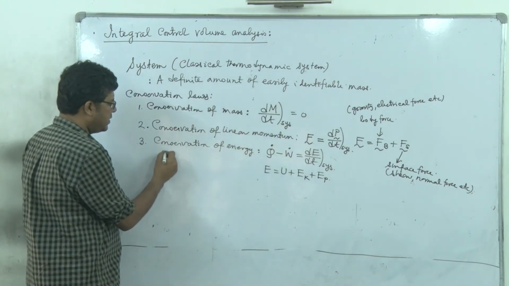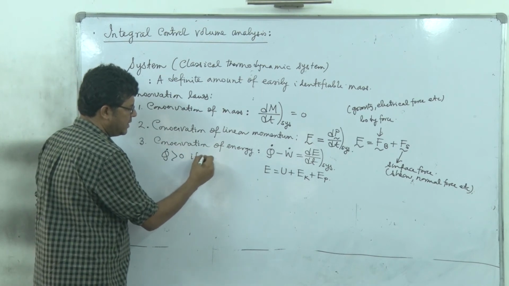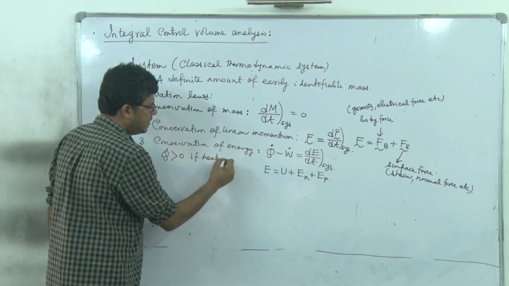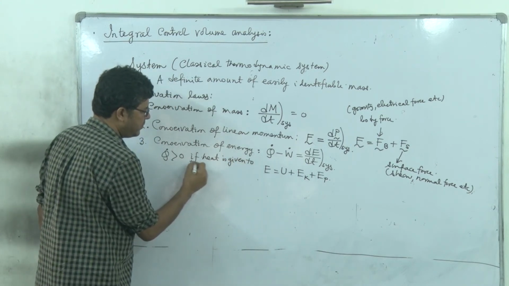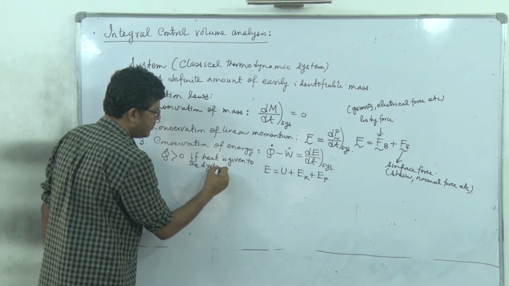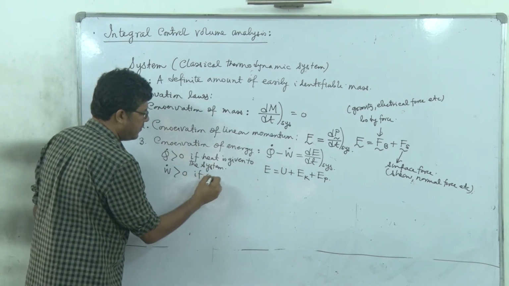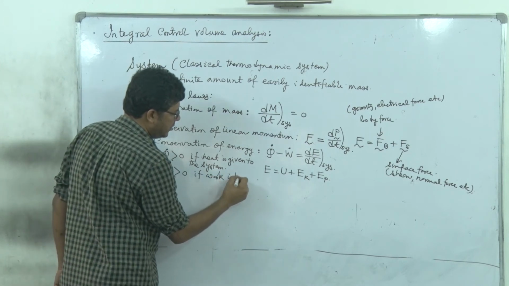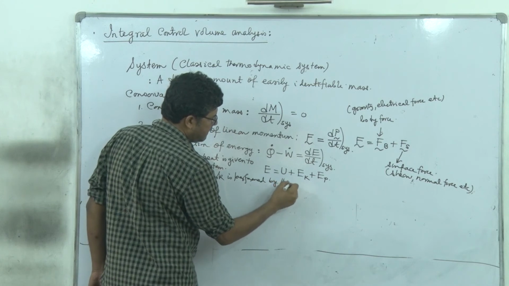And Q dot is positive when heat is given to the system, and W dot is positive if work is performed by the system.